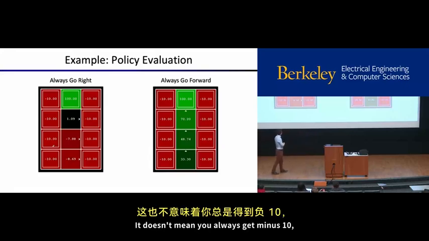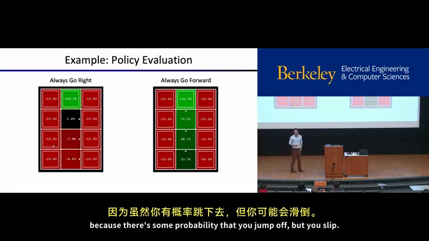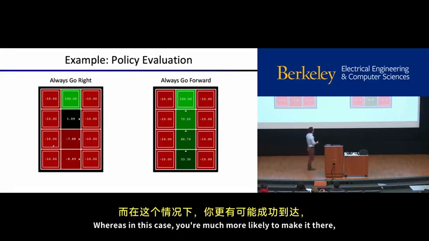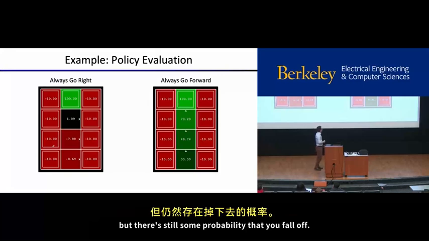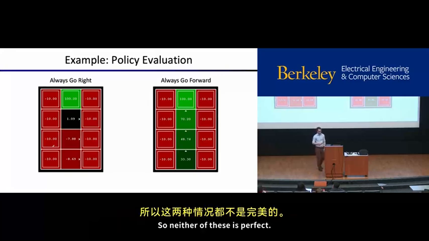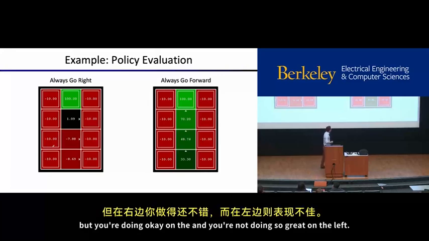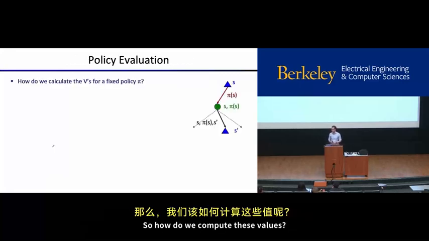It doesn't mean you always get -10, because there's some probability that you jump off but you slip and you happen to just land on the next square, and maybe you sort of muddle your way through. Whereas in this case, you're much more likely to make it there, but there's still some probability that you fall off. So neither of these is perfect. You're not always getting your 100 reward, but you're doing okay on the right, and you're not doing so great on the left. Okay, so how do we compute these values?